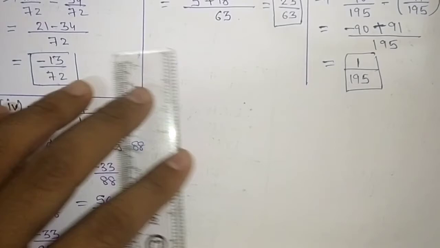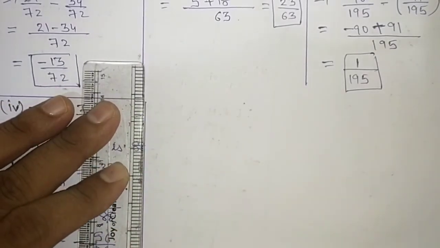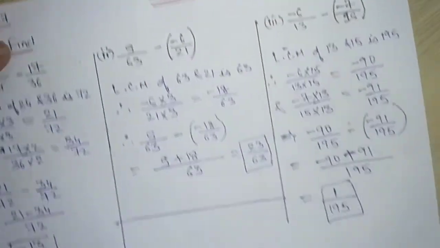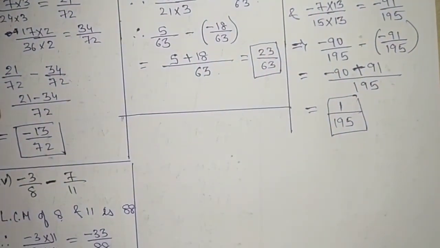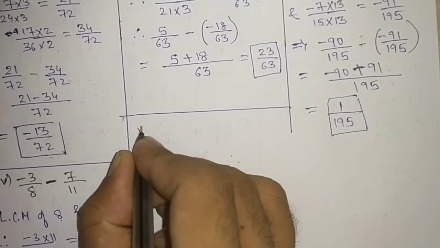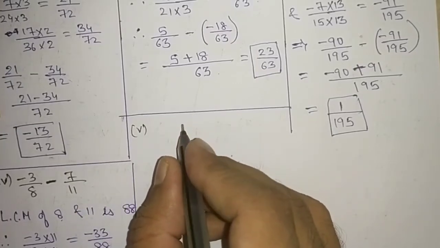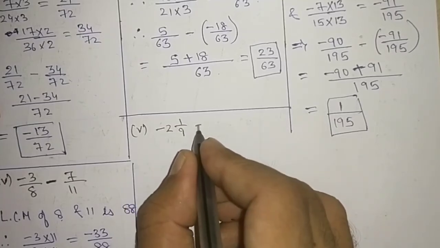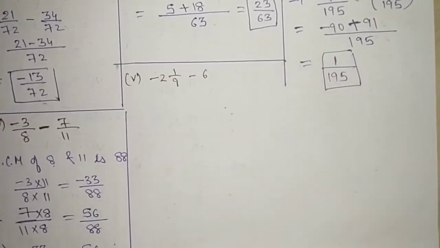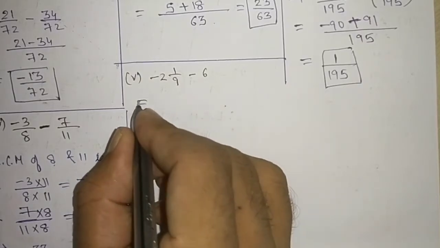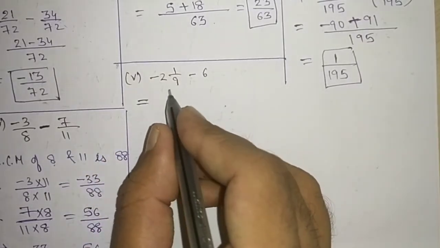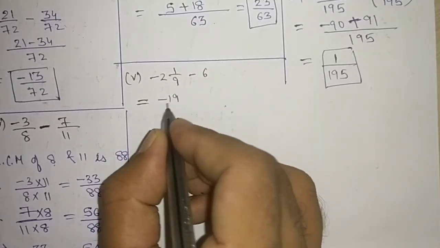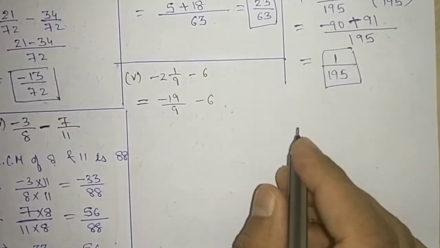Now moving to the next part, that is the fifth part. It is minus 2 integer 1 by 9 minus 6. So it will become 9 2's are 18 plus 1, minus 19 by 9, minus 6.